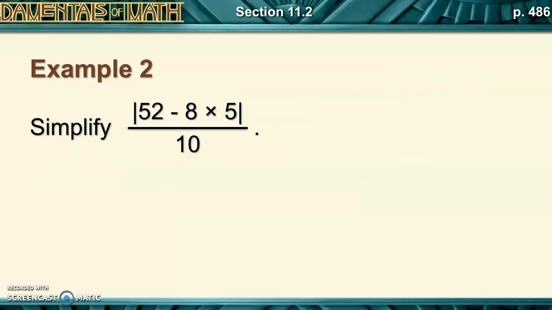So my suggestion before you start working on any problems like this is to write the order of operations at the top of your page. You remember we discussed our order of operations as GEMDAS, where I would draw an arrow underneath those two.